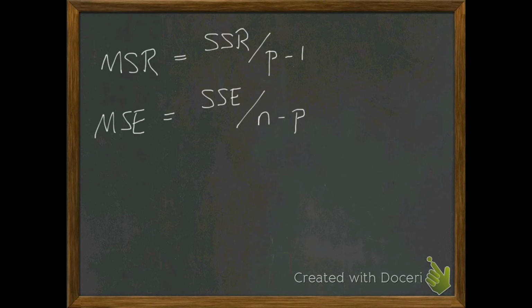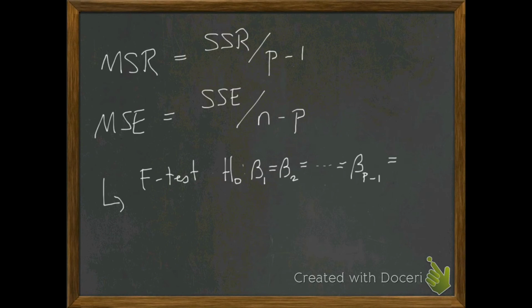Now, from this, we could obviously do an F-test. I don't think I've officially stated what the F-test does. I know I have it in multiple regression. The null hypothesis says that beta 1 equals beta 2 equals beta sub p minus 1, that all of the coefficients are equal to 0.